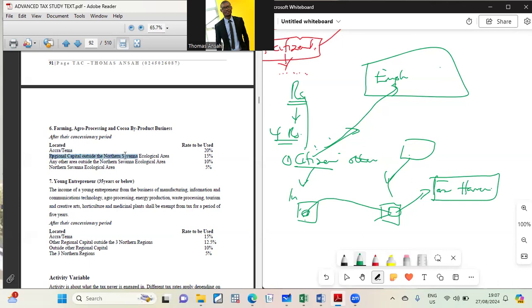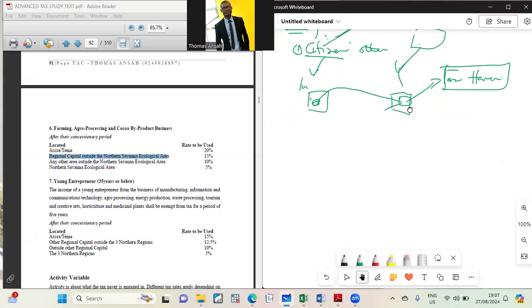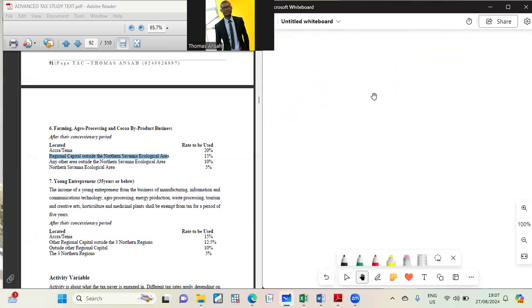Then regional capital outside the Northern Savannah Ecological Zone. Do you know the Northern Savannah Ecological Zone? I think now we have a Savannah region, right? But in the context of the law, this is the Northern region. All the regions in the old Northern region are covered.